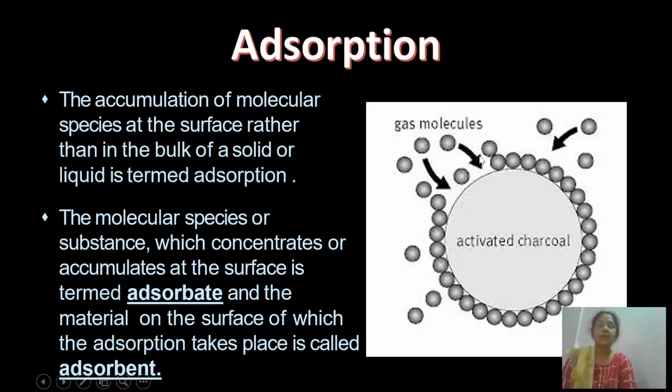The molecular species that is adsorbed, or that concentrates at the surface, is called the adsorbate, and the material on which the adsorption takes place is called the adsorbent. Here we can see the example of activated charcoal.